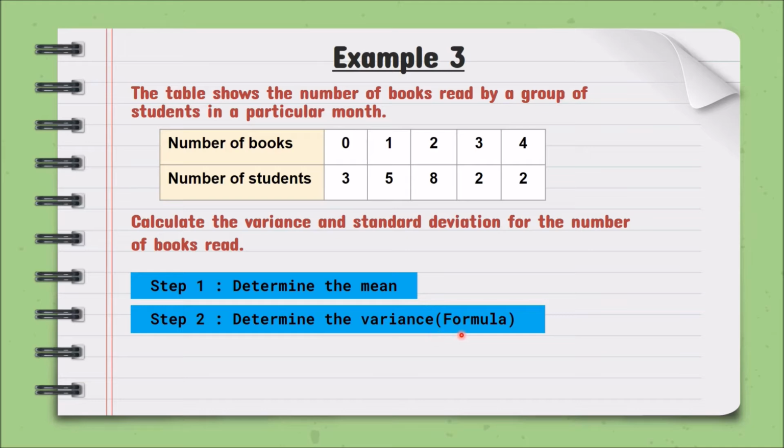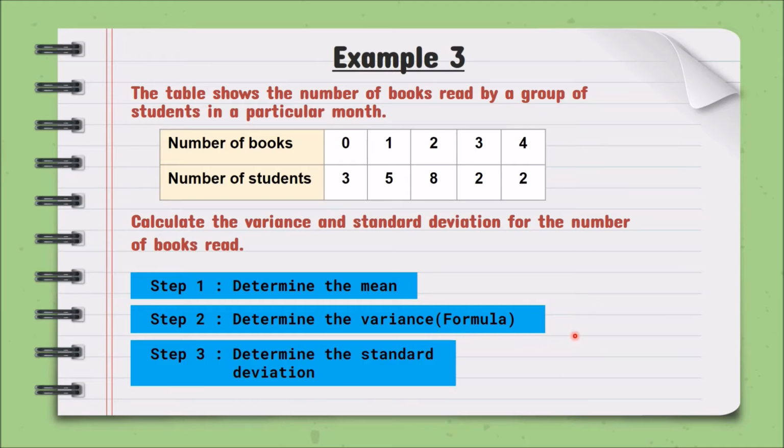And the third step is determine the standard deviation. To find the standard deviation, we can use alternative method 1 and alternative method 2. So, for more explanation, let's look at the video on how to determine the variance and standard deviation for the frequency table.